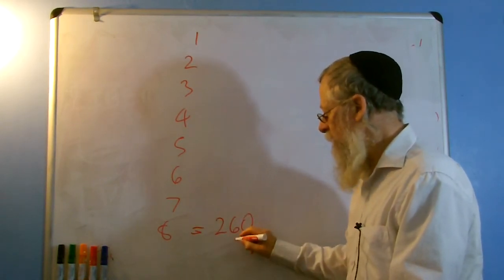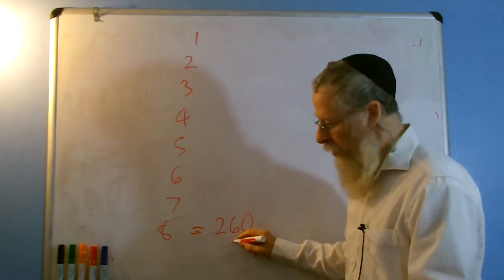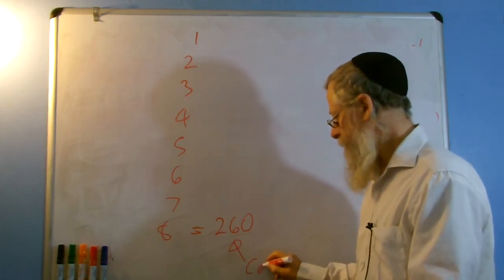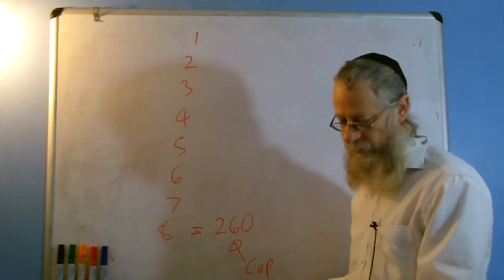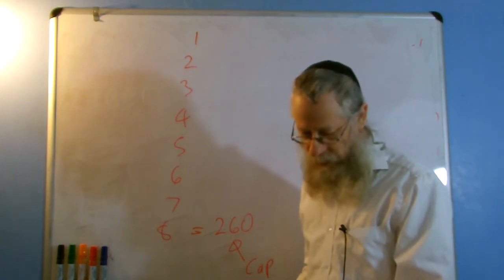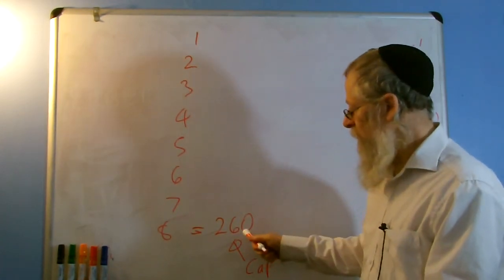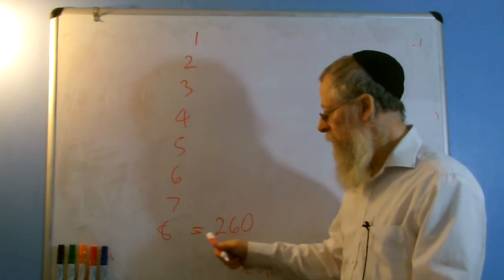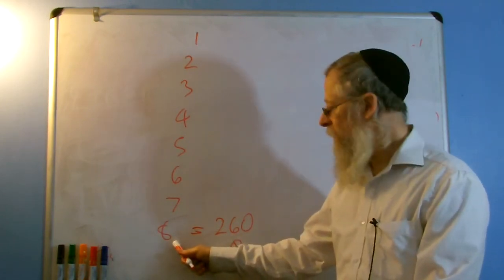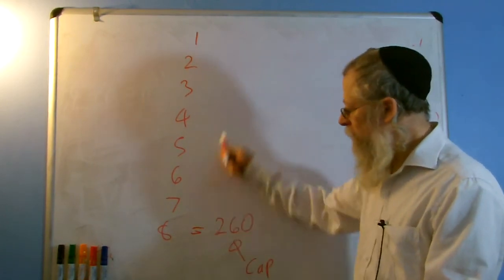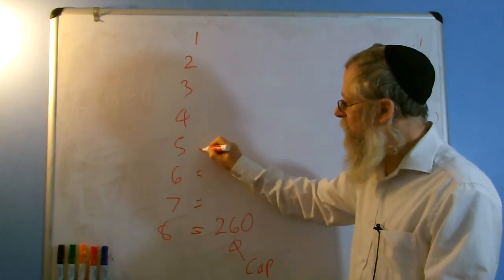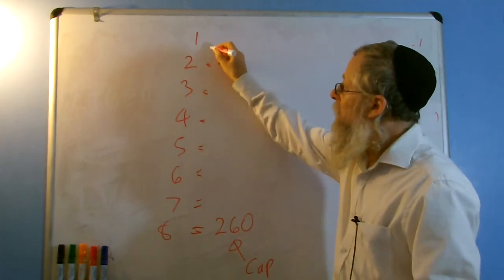And that was what we connected to the word cap. We added the normal value and the large value of cap, and we got 260. So the cap begins with the number 8, right? The magic square, and it goes all the way up. And all the magic numbers of these are as follows.